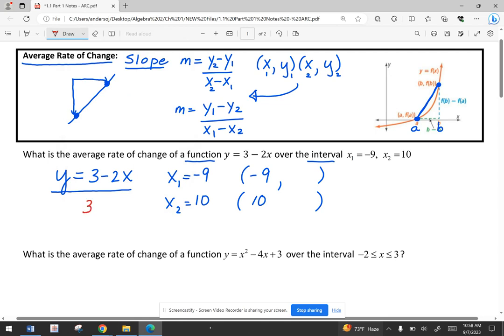So we're going to take 3 minus 2 and plug in that first x value into that equation so that we can get a y value. When I plug that first value in, I'm going to have 3 plus 18. 3 plus 18 is going to give me 21.